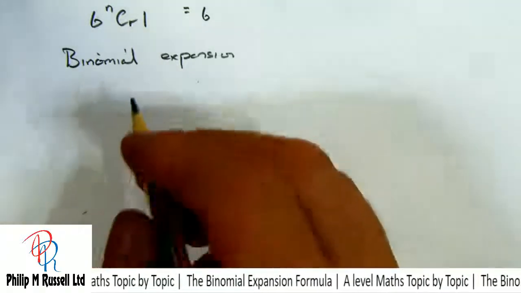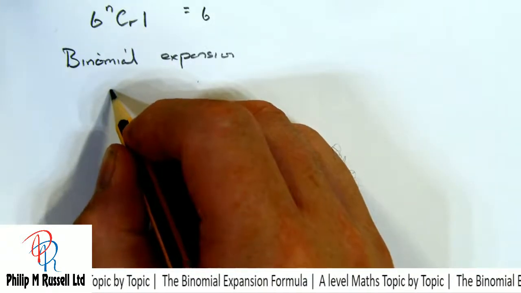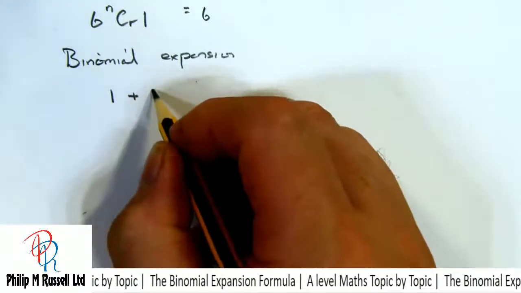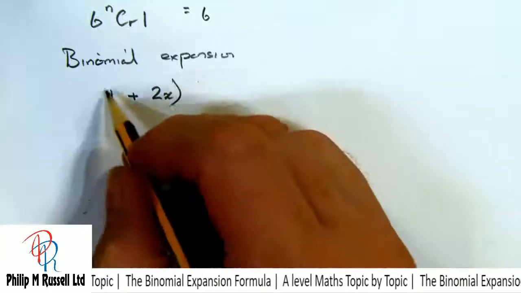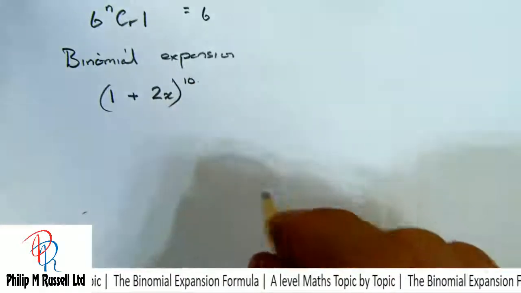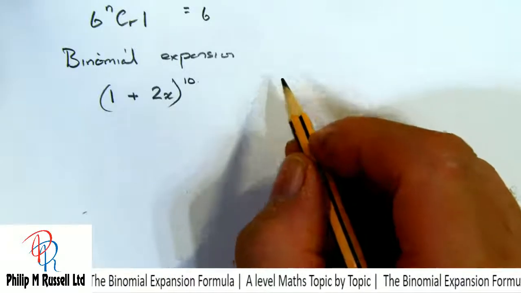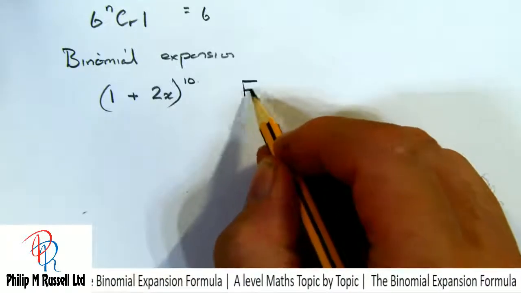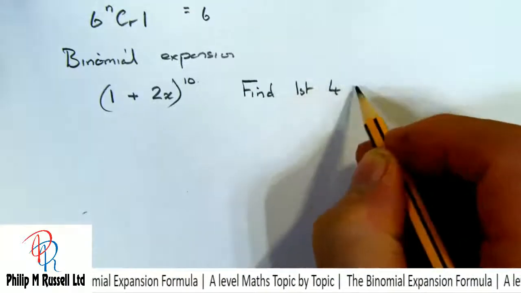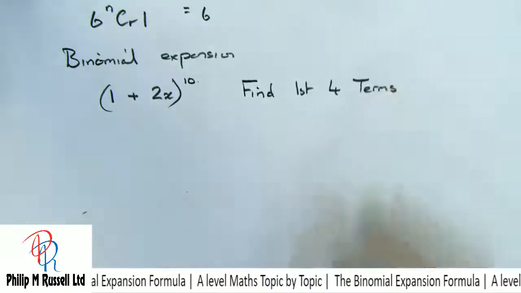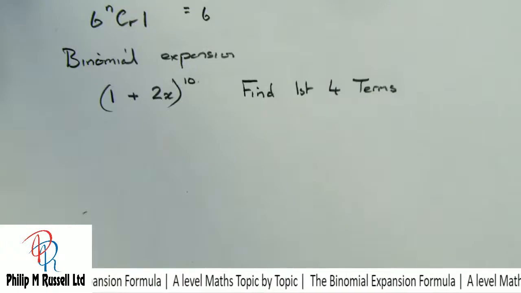Let's try a simple one, 1 plus, I don't know, 2x, to the 10. And often when we get these sort of questions, we're asked to find the first 4 terms. So let's have a look and see if we can work this out.